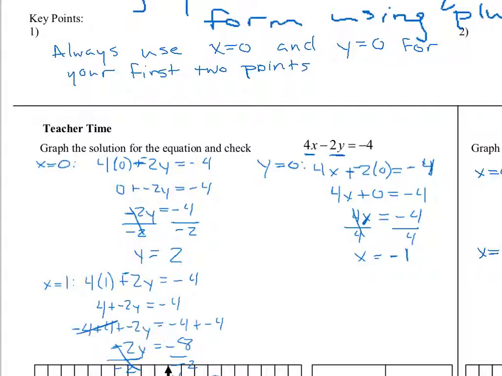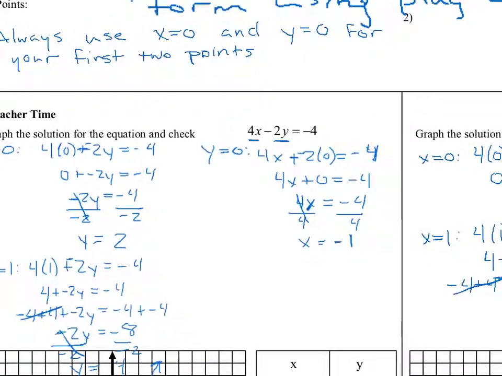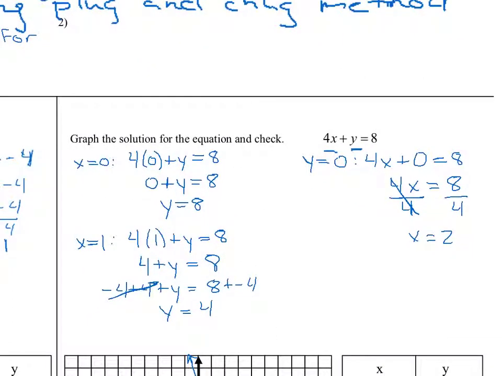Second key point, Ms. Diaz. Once you found the answer for the first 2, draw a line. Perfect. She's saying graph the first 2 points. We'll just say graph the line using first 2 points.